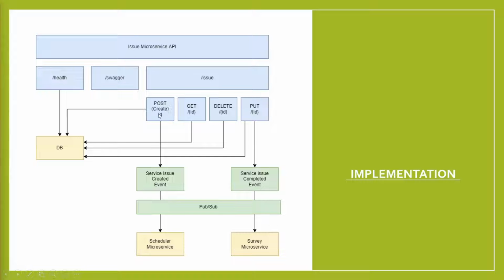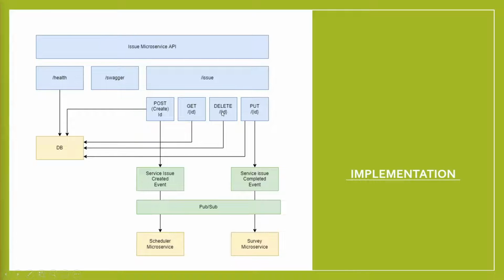So a post would create an issue. And then once an issue has been created, through the pub/sub mechanism, a service such as a scheduler service may pick it up. We can get a microservice issue. So, let's say a customer goes back and tries to check the status, they can use an HTTP get verb.